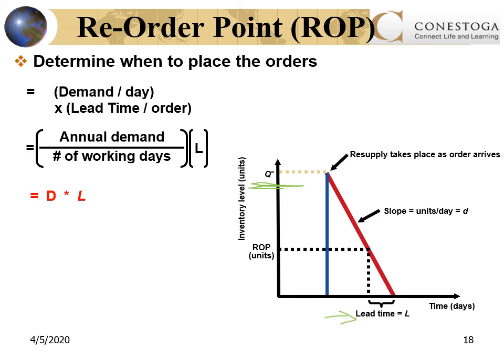The reorder point is obtained as D dashed multiplied by L, where D dashed is my demand per day and L is my lead time.